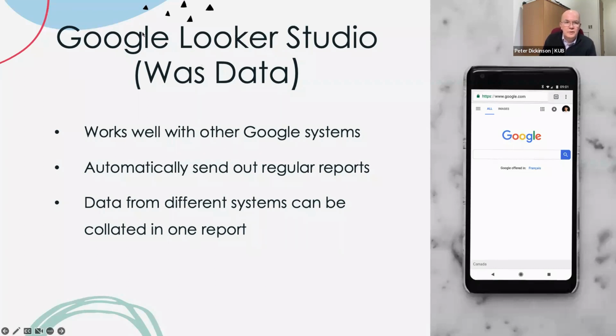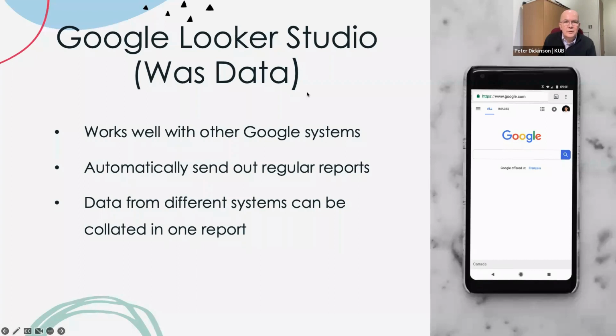So if you look up Google Data Studio, you'll get more information because it only changed about 6 months ago. Works well with other Google systems, sends out reports. So we were paying for a system to do all this. And then when they moved to GA4, our old systems stopped working. So we had to completely revamp what we did.